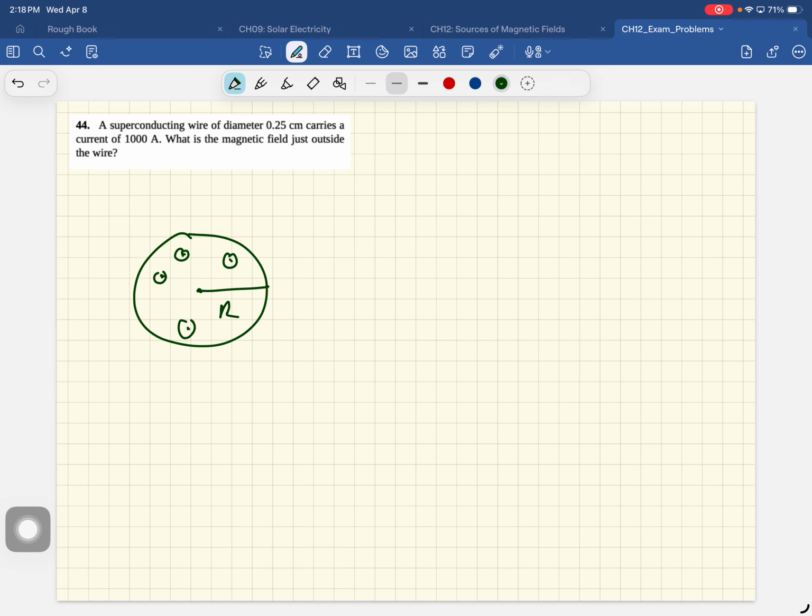The 2 cancels, and so that's 10 to the 4 over 4 pi per meter.